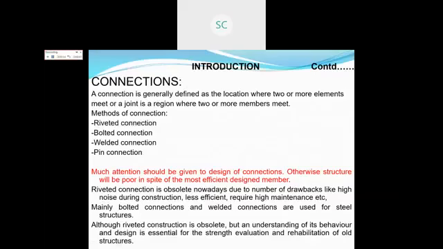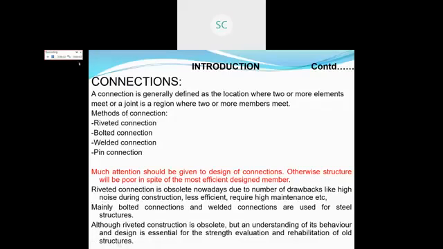A connection is generally defined as the location where two or more elements meet. A joint is a region where two or more members meet. So, what are the methods of connections?